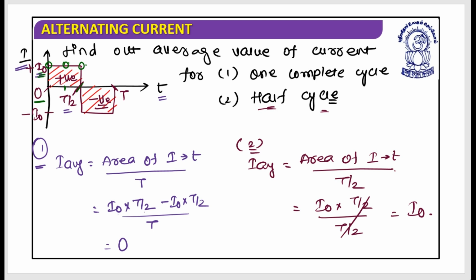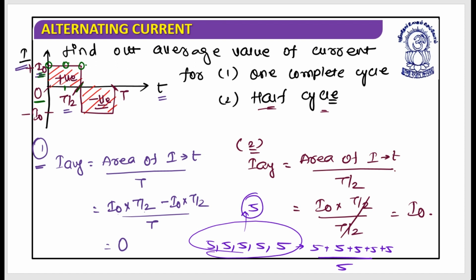If someone asks you to find the average of 5, 5, 5, 5, 5, what will be its average? Will you add it, 5 plus 5 plus 5 plus 5 plus 5 divided by 5? Or do you directly see that this is 5 only? No need to write down the average value because everything is the same.